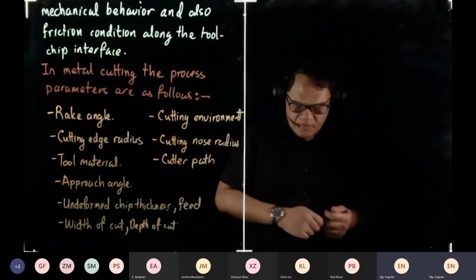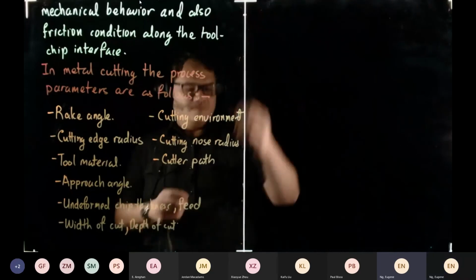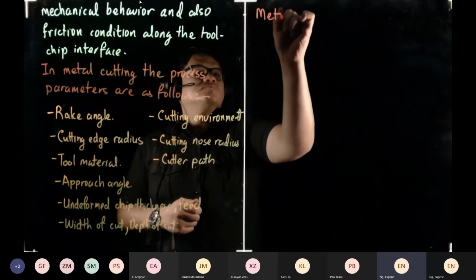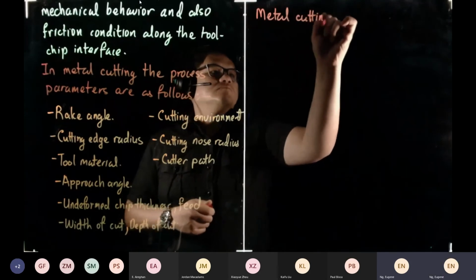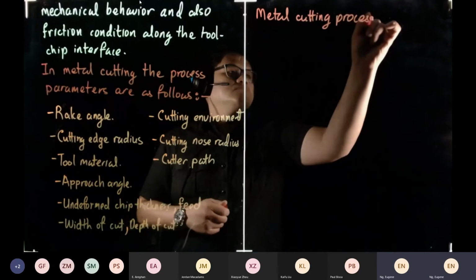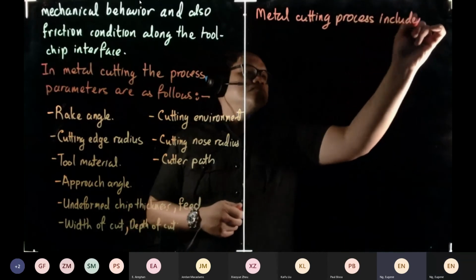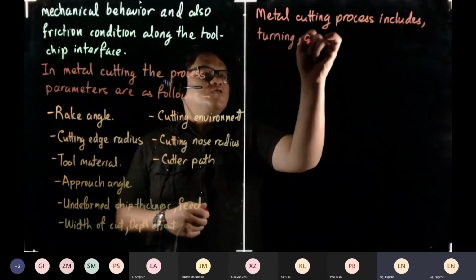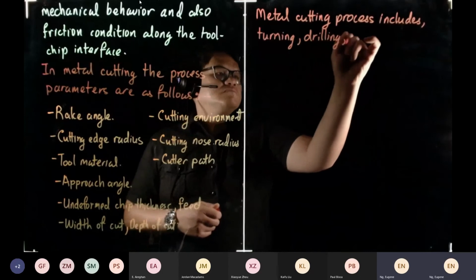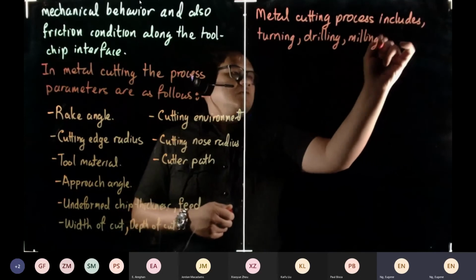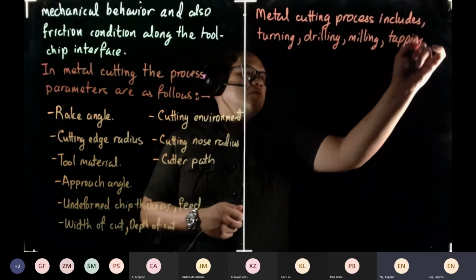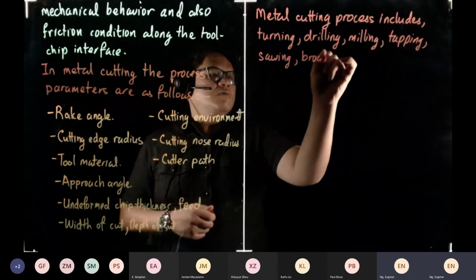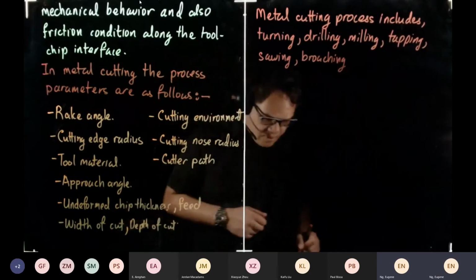The metal cutting process includes turning, we have seen it, drilling, milling, tapping, sawing, broaching.